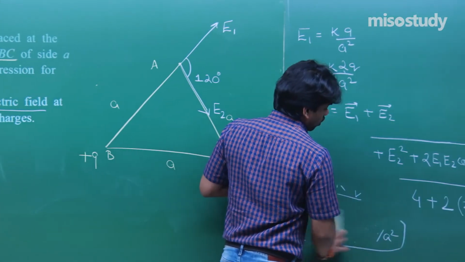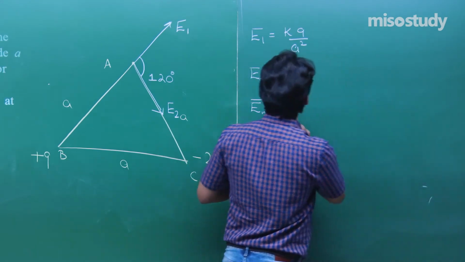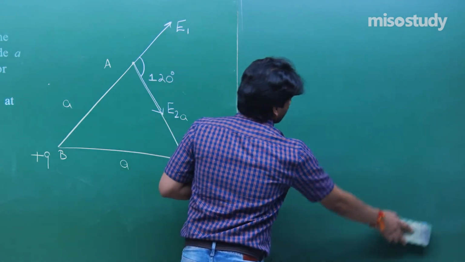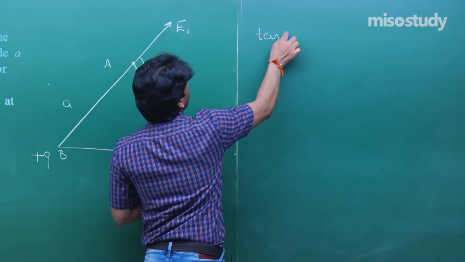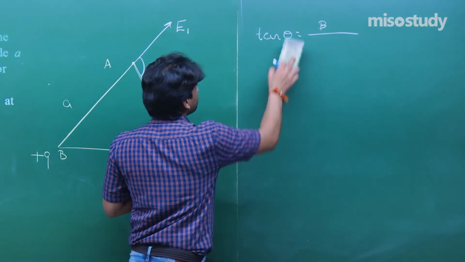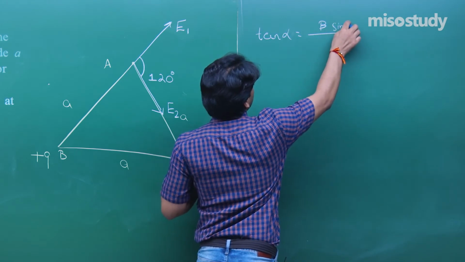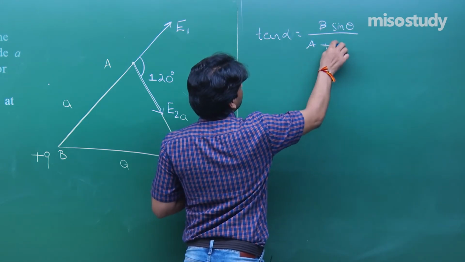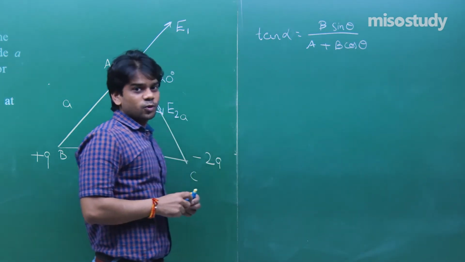Again, it's not too tough to make out. We all know that tan theta, or tan alpha, let me mention, the resultant angle, tan alpha is equal to b sin theta upon a plus b cos theta, if two vectors are making an angle theta with respect to each other.